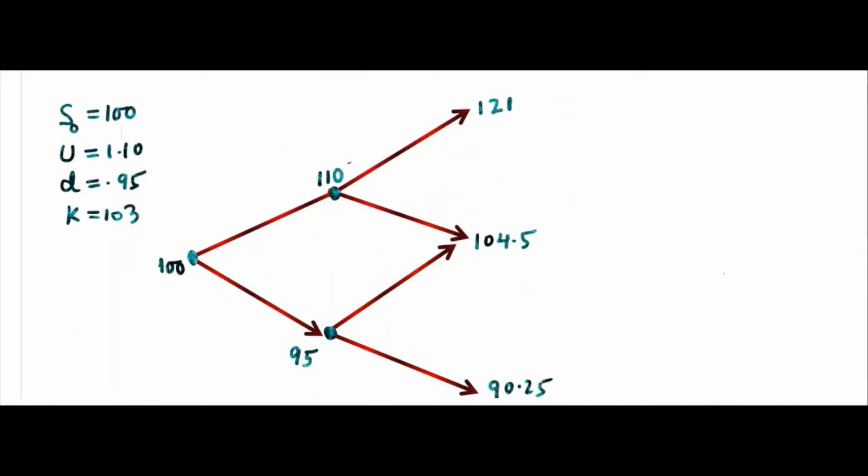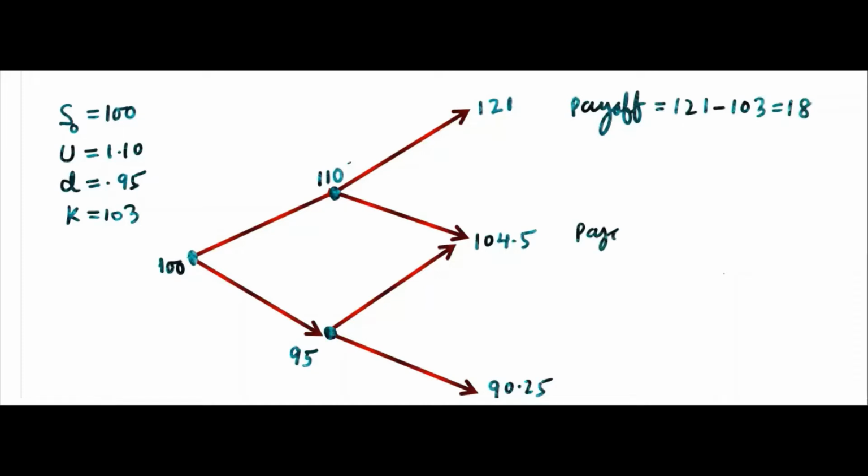Here the strike price is 103, so let me write the payoff here. 121 minus 103, 18.